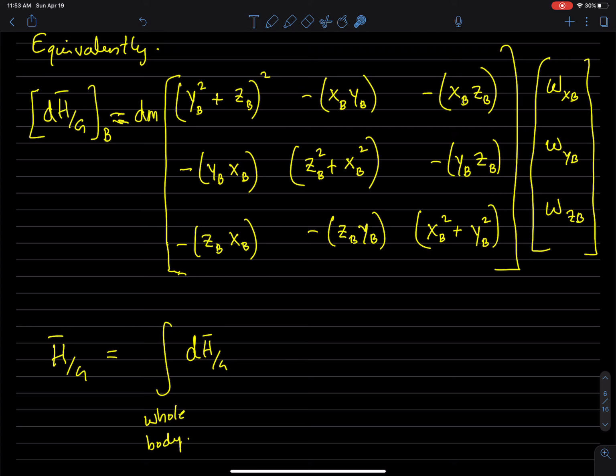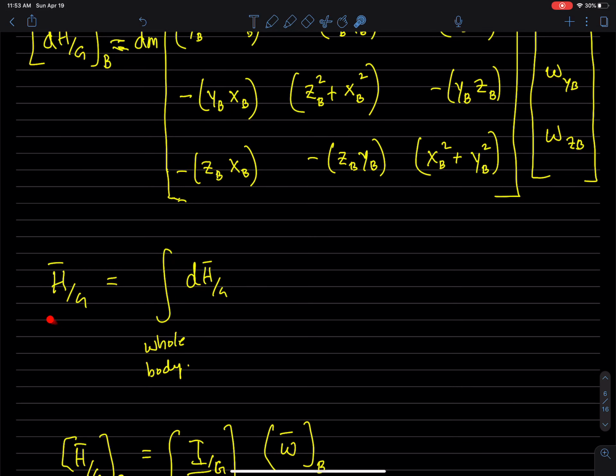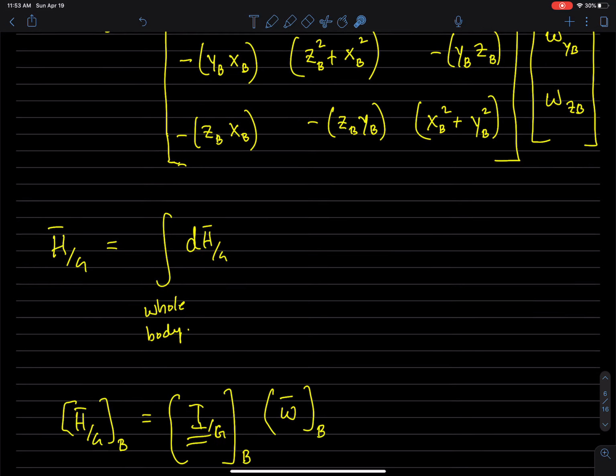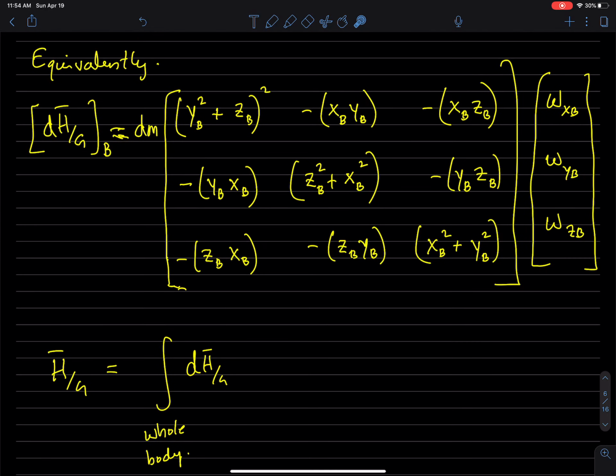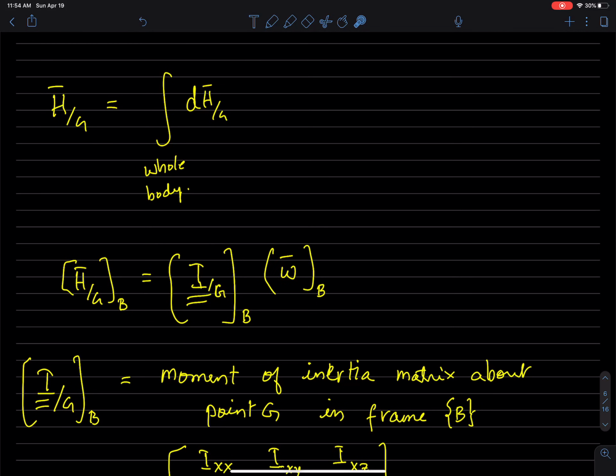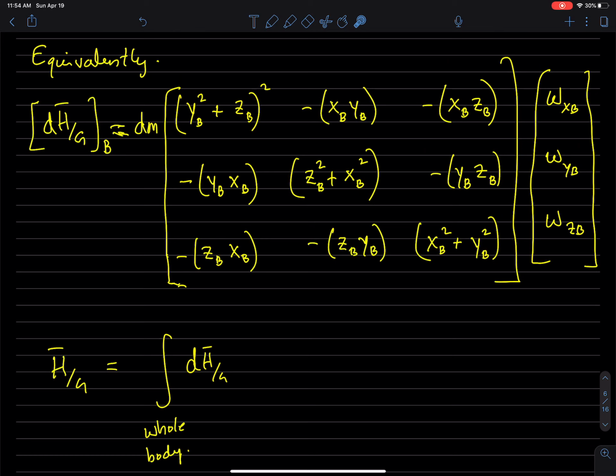Of course, this is the differential element's angular momentum, and we can integrate over the whole body to get the angular momentum of the whole body. So what we have is basically an expression where the angular momentum of the whole body is the integral of this thing times this thing.